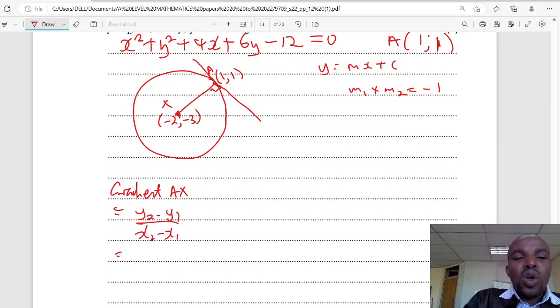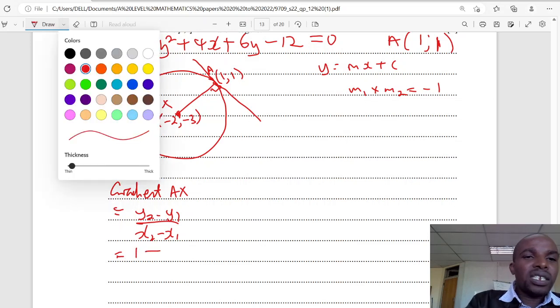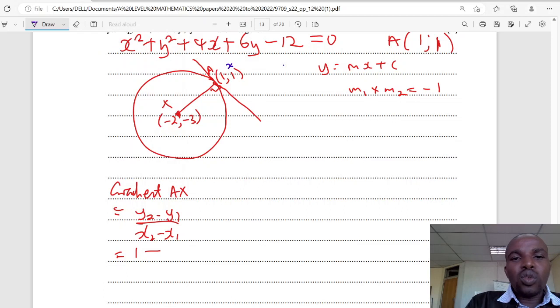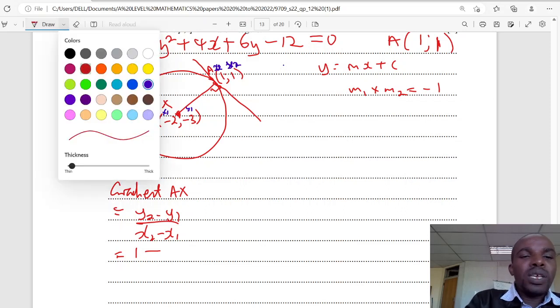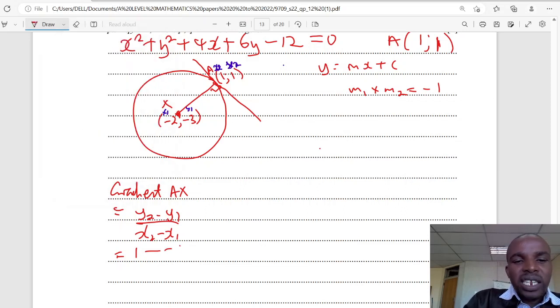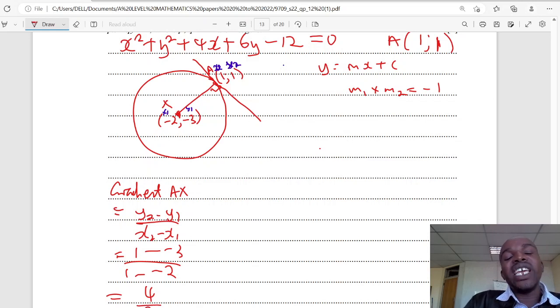Let me call this one x2 and y2, and this one x1 and y1. So that's what you have to use. In this case, it will be 1 minus minus 3 over 1 minus minus 2. 1 minus minus 3 is 4, over 3. So this is the gradient of the line AX.